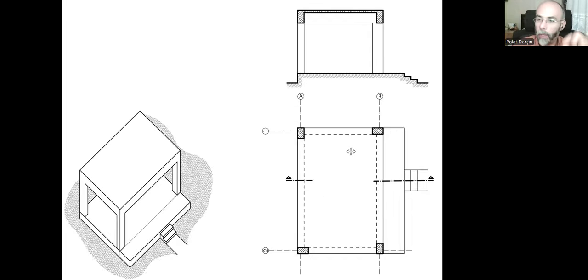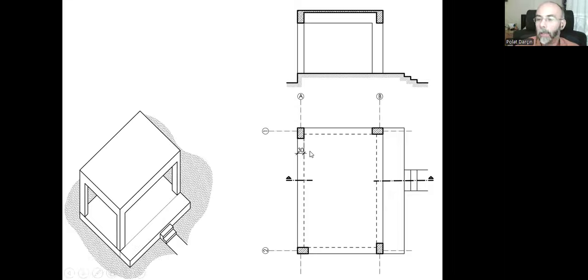When I say B1 column, that means I'm talking about this one because that's B and that's 1, and the intersection is this column. When I say A2 column, it's the intersection of these two grid lines. So I'm talking about that column. With these grid lines, it will be easier for me to name the columns, and once we do the grid lines, we can move on to the dimensions.